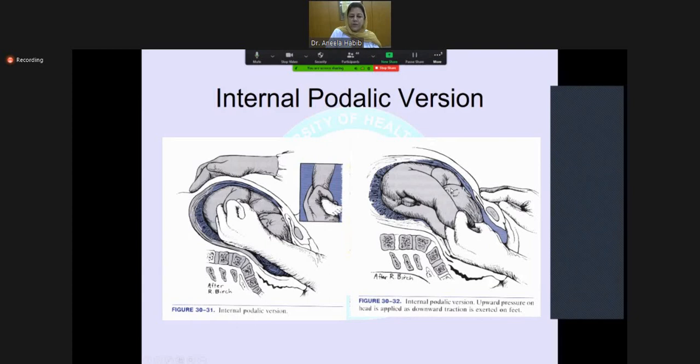You need to hold the feet and then you can pull and deliver. This is an internal podalic version, which is only indicated for the second baby in a twin delivery. Look at this: pressure is applied on the head and downward traction is on the feet. You need to hold the feet and pull down.